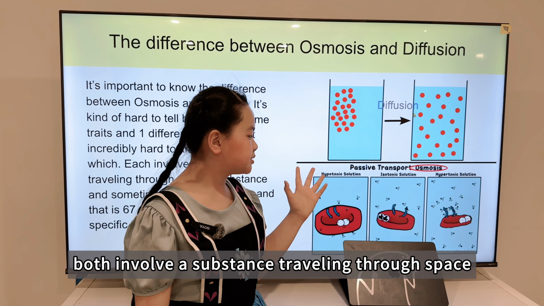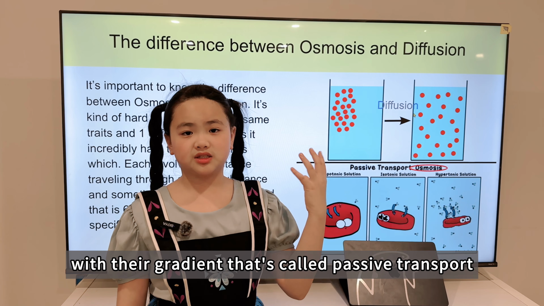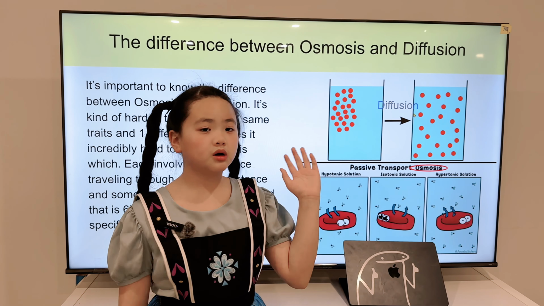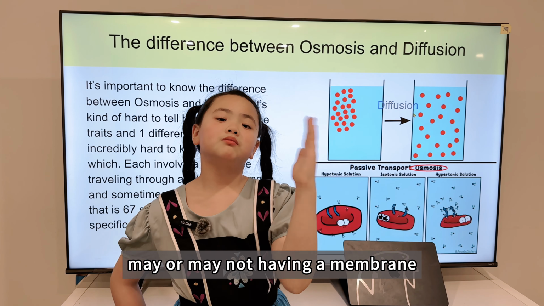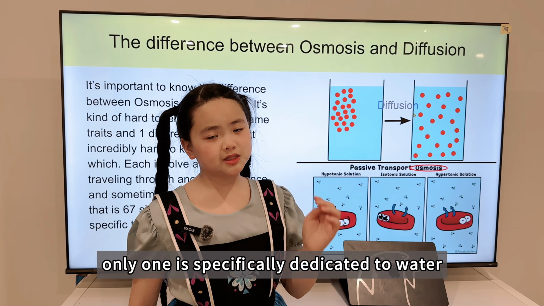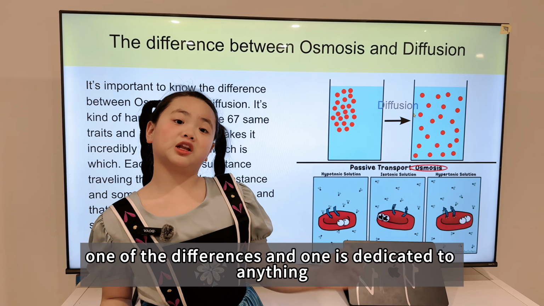Both involve a substance traveling through space, normally with their gradient. That's called passive transport, and both may or may not involve a membrane for the substance to go through. Only one is specifically dedicated to water, that's one of the differences, and one is dedicated to anything.